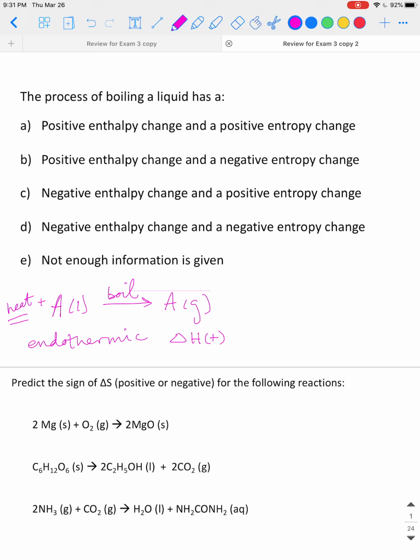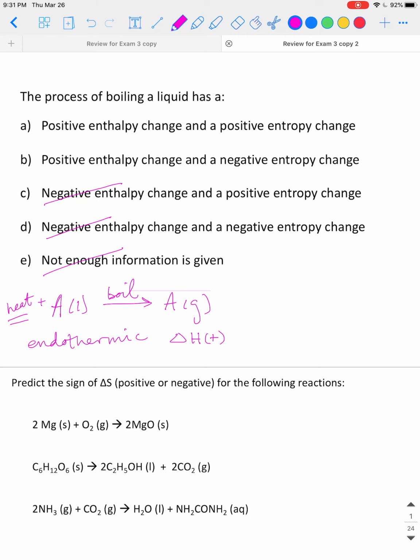So if you start reading the answer choices, we're going to cross out anything that says enthalpy is negative, because for this reaction, enthalpy is not negative, it's positive, and we do have enough information, so it's not going to be E. So it's either going to be A or B, positive enthalpy change.